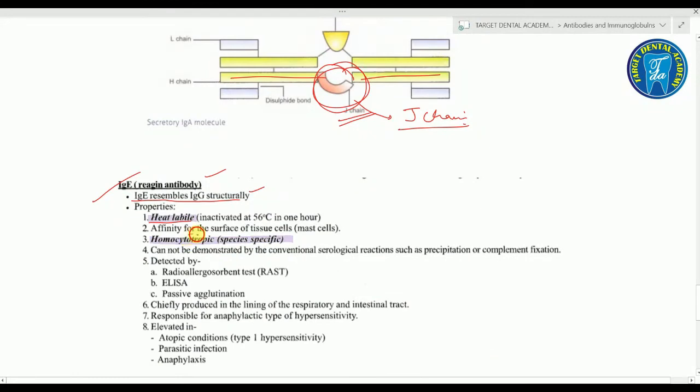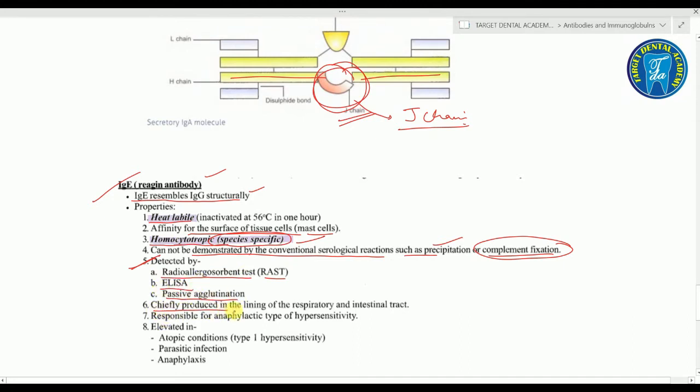It has affinity for the surface of tissue cells, mast cells, and is homocytotropic and species specific. It cannot be demonstrated by conventional serological reactions such as precipitation or complement fixation. So it is detected by RAST, which is a radioallergosorbent test, ELISA, and passive agglutination.